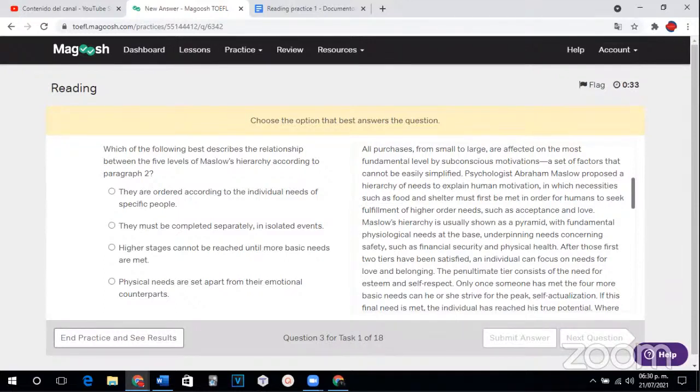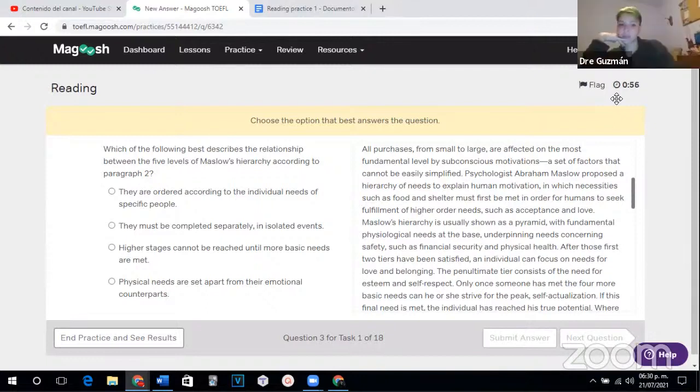They are ordered according to the level of needs of specific people. They must be completed separately in isolated events. Higher stages cannot be reached until more basic needs are met. Physical needs are set apart from their emotional counterparts.